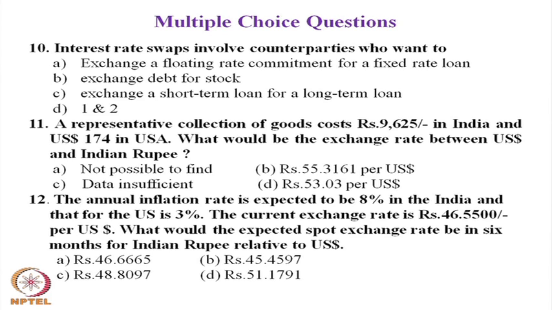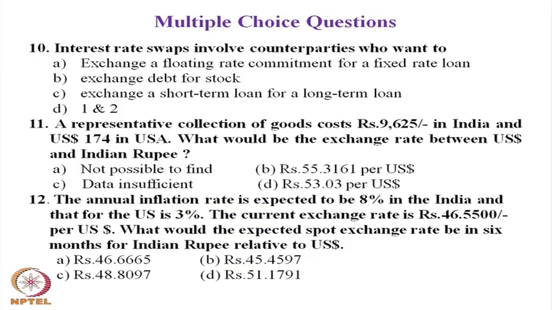So, in case of interest rate swap, as we discussed in the earlier session, an interest rate swap is for converting a floating rate interest debt to a fixed rate debt or a fixed rate debt to a floating rate debt. So, exchanging a floating rate commitment for a fixed rate loan is nothing but an interest rate swap.